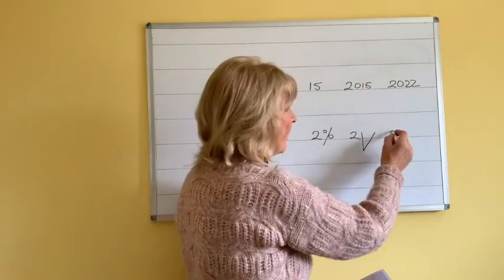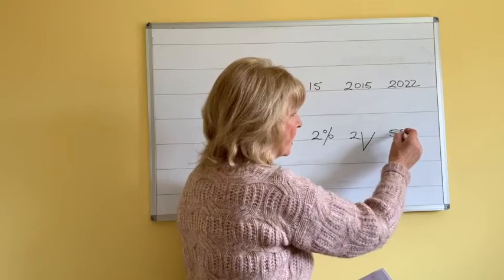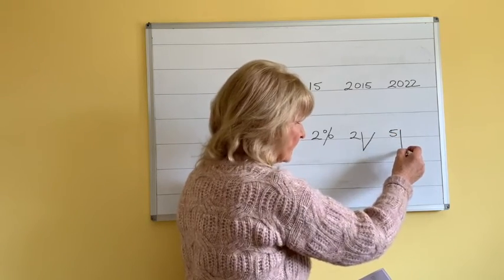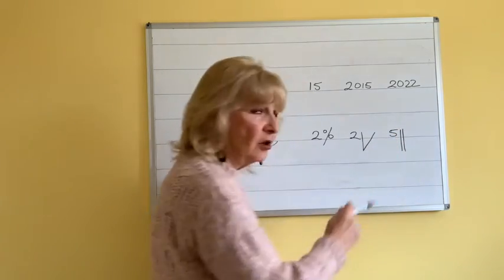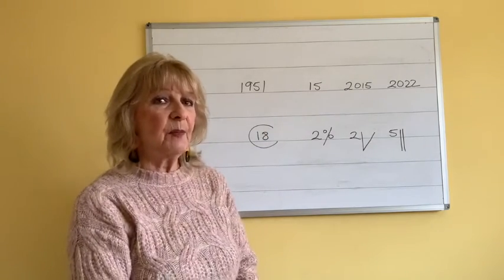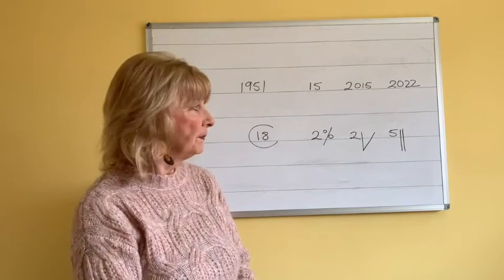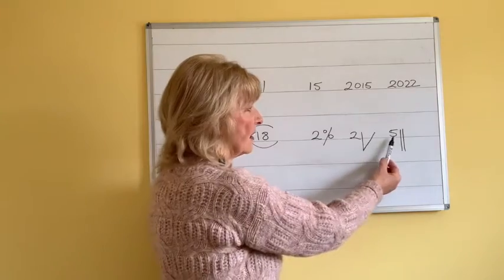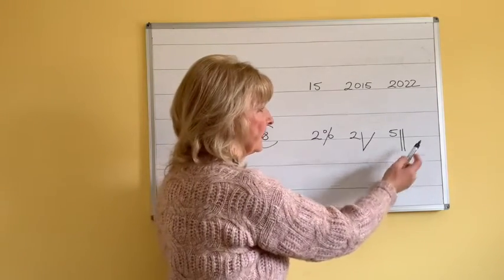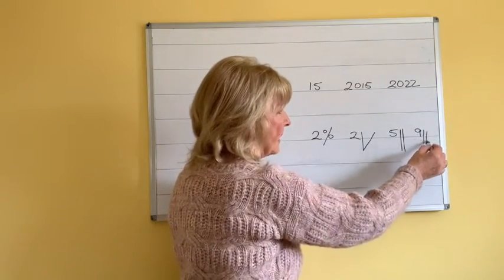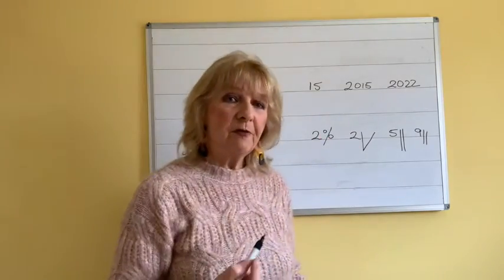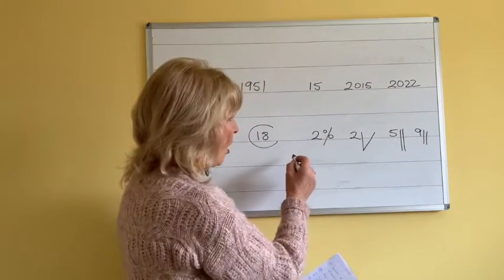And if it was 5% per annum, you just write the P for percent and another P alongside it, and that would say percent per annum. So 2%, 5% per annum, 9% per annum. What about if there's a fraction in there? Let's say 3.5%.